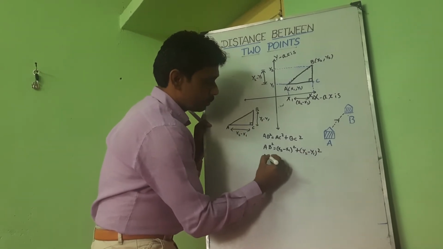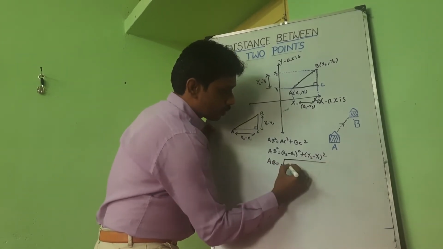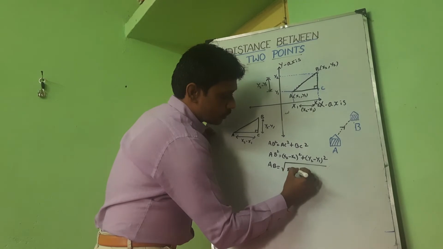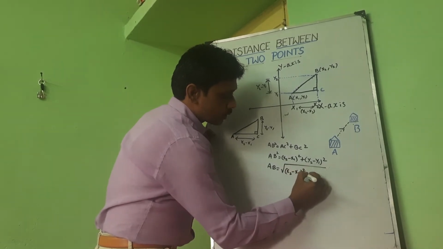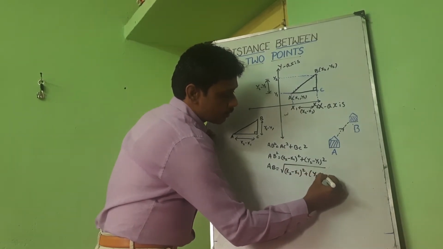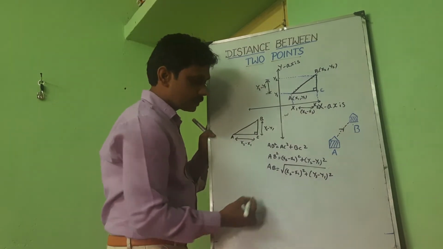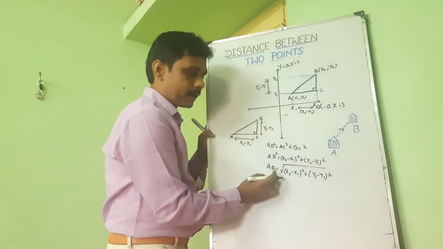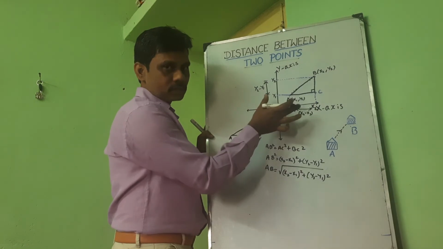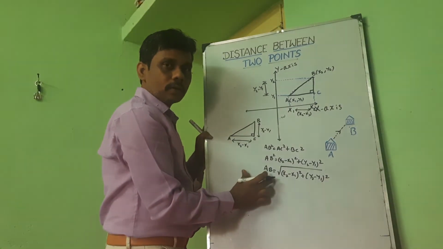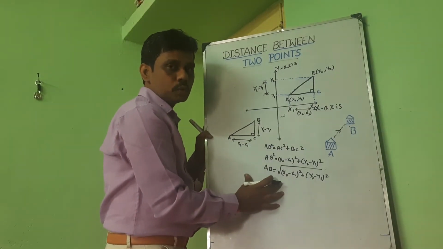From this we can write AB is nothing but the square root of (x2 minus x1) whole square plus (y2 minus y1) whole square. So this is the distance between 2 points. A and B are 2 points in the xy plane. This is the formula for finding the distance between 2 points.